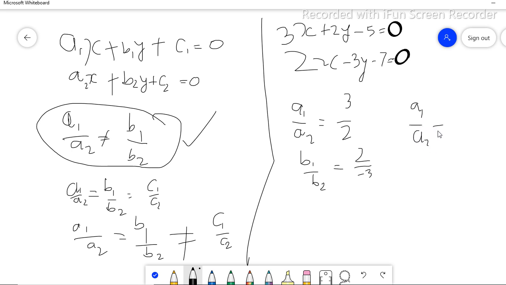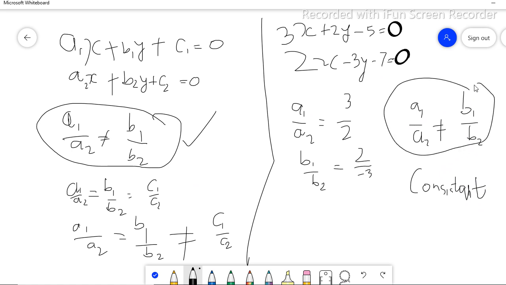So here A1 by A2 is not equal to B1 by B2, hence the given pair of linear equation is consistent. It is consistent pair. यस्तो आको भए चाहिँ इन्कन्सिस्टेन्ट हुन्थ्यो. ओके, यसरी नै नानीहरुले अरु क्वेशन्सहरु गर्न सक्छौ.